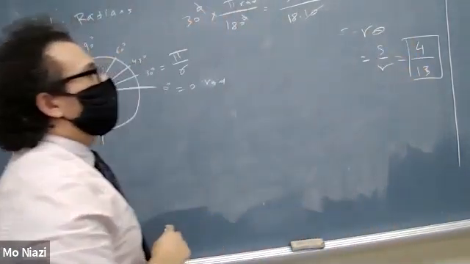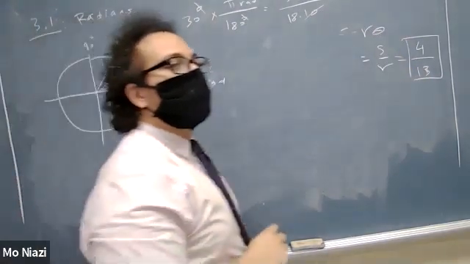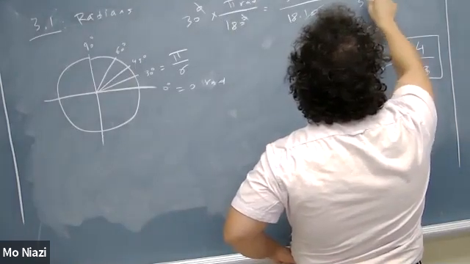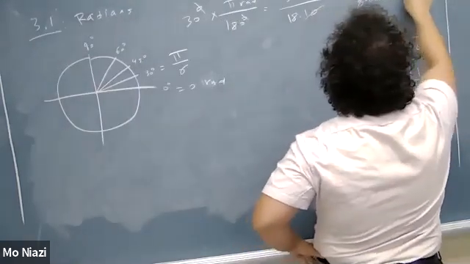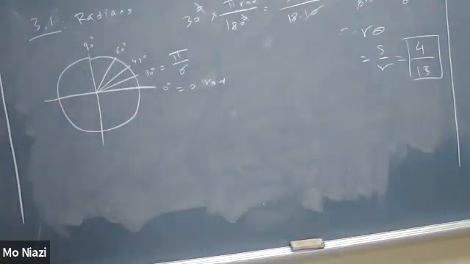But 18 is also what? 3 times what? Cancel out those. I get pi over 6. Oh, so 30 degrees is the same thing as pi over 6.